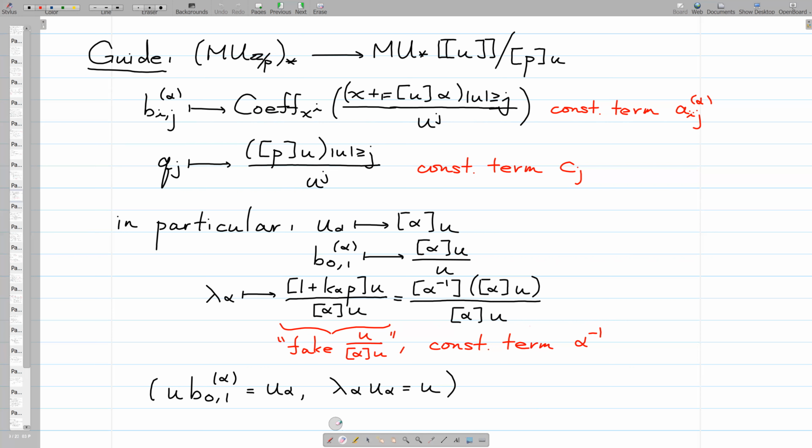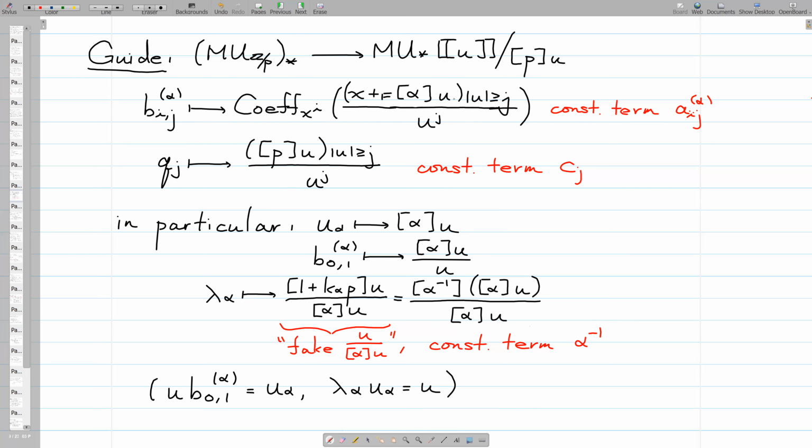This is an alpha series in U, not the opposite. Alpha is a number. Correct this real quick. It's alpha U.